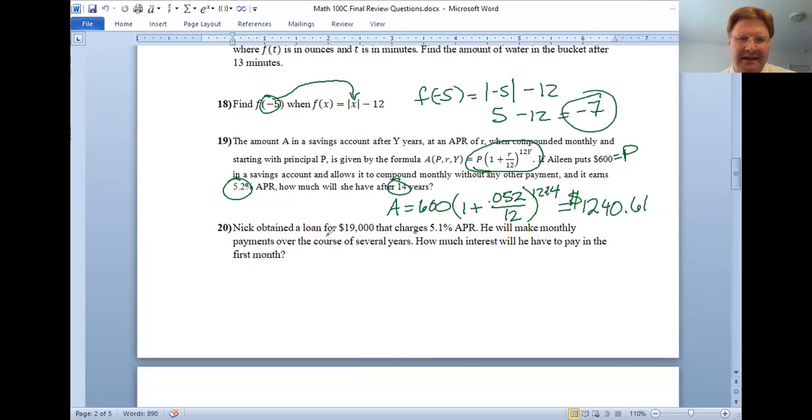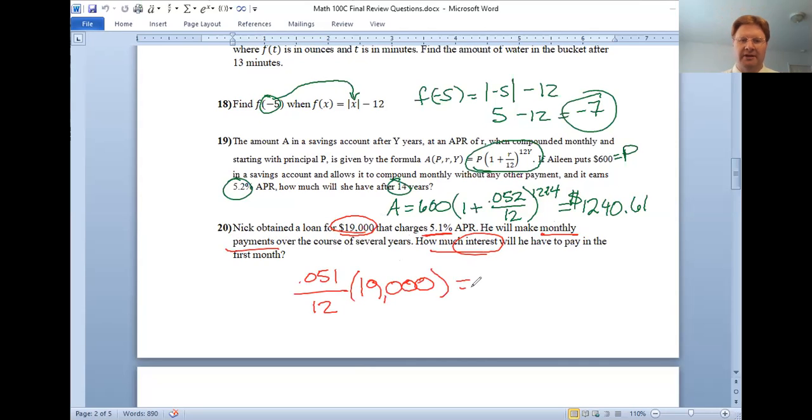Nick obtained a loan for $19,000 that charges 5.1% annual percentage rate. He has to make a monthly payment over the course of many years. How much interest will he have to pay in the first month? So we take 0.051, that's the annual percentage rate, divide by 12. This is the monthly interest rate on his original $19,000 loan.